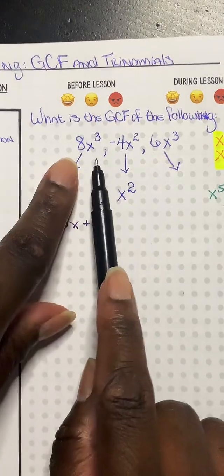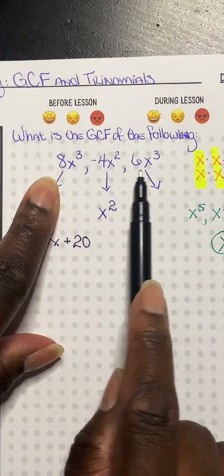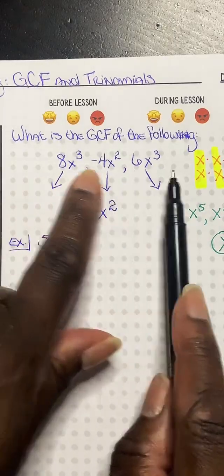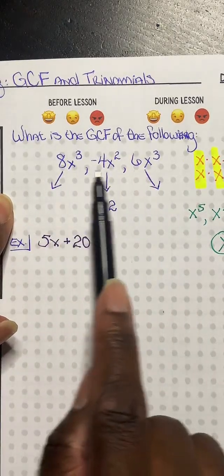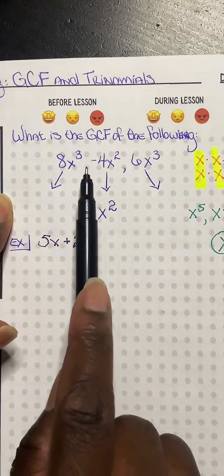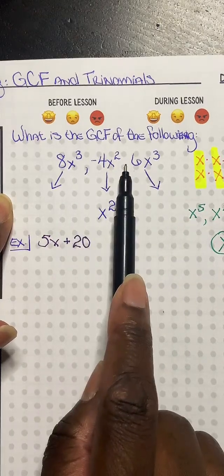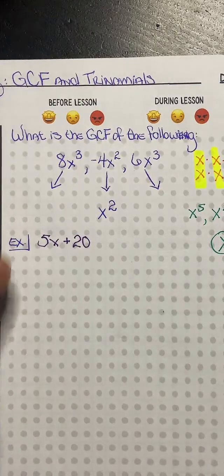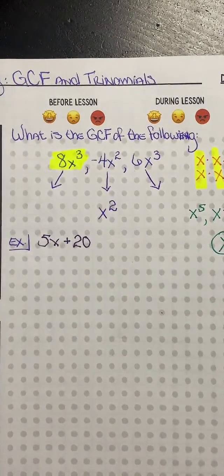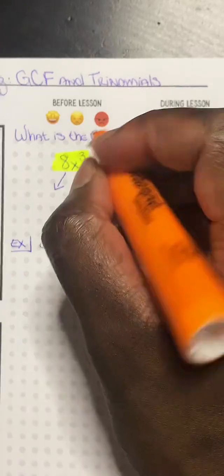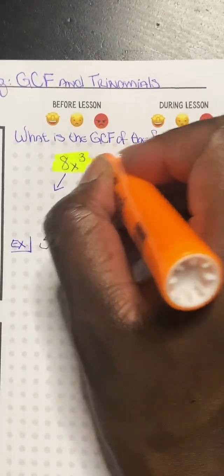But up here, we don't have a plus sign or a minus sign. We have 3 separate expressions. These are not considered terms. They're considered terms when you have a plus or minus in between. So it's almost like we're looking at it as 3 separate expressions. Okay, so that's why it's not going to be a negative 2x squared.